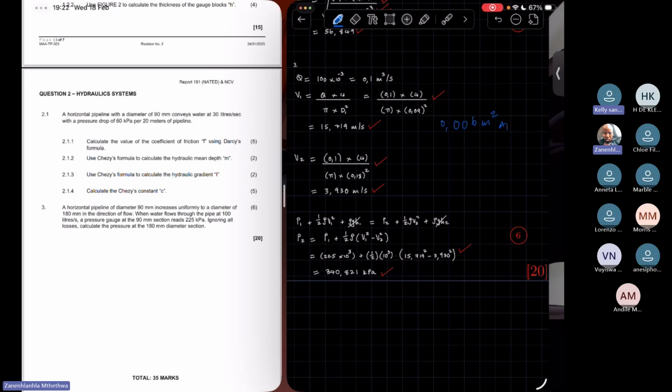Z I took out because it's 0 on both sides. Then P2 over density times G, which is still given, plus V2, which is your 3.93, divided by 2G, which is still given. Then I substituted my P2 and looked for the value.